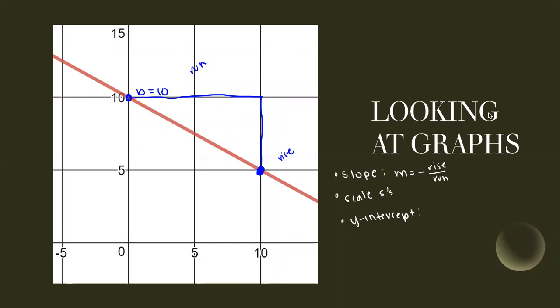So how much am I going up to get to that point, and how much am I going to the side to get to the next point? Thirty more seconds.